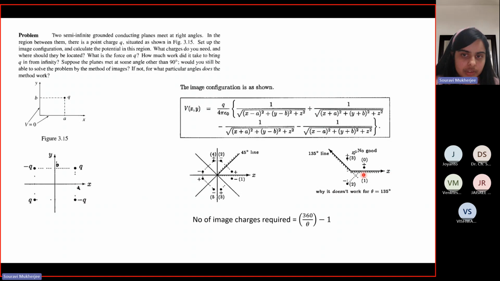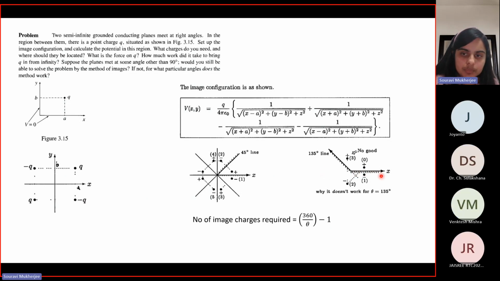Now, the important thing to know is that this method will not work for any angle. It will work only for some specific angles. Why? Suppose you had these two conducting plates at an angle of 135 degrees from each other. You repeat the same thing. You have this plus q. You want a 0 potential along x, so you put a minus q.